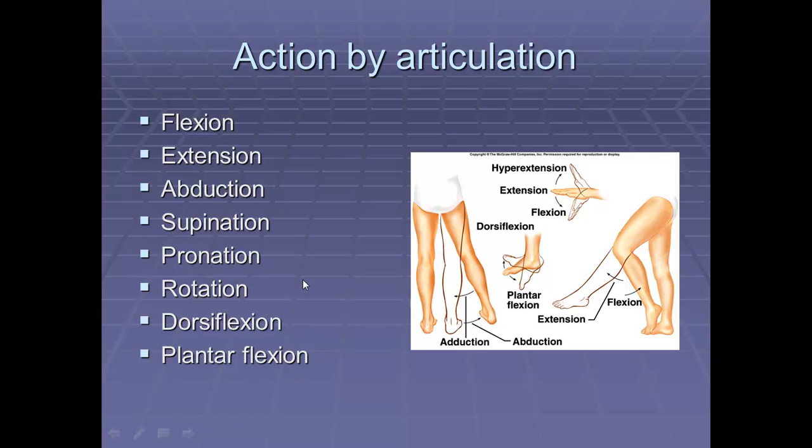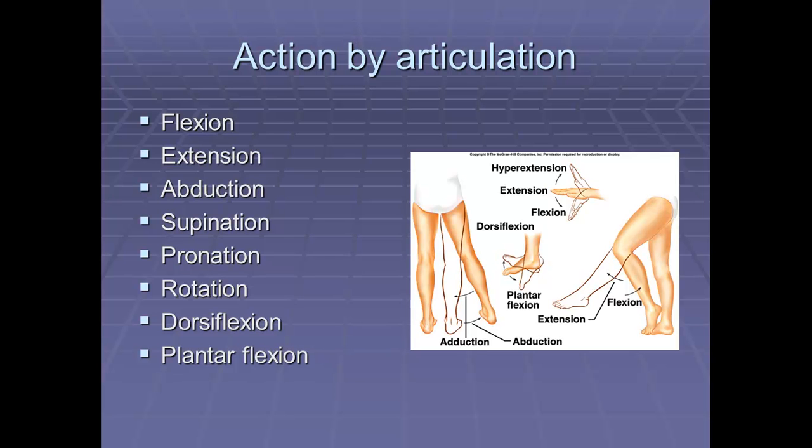Now, once we think about hinge joints, we have to say to ourselves, where in our body are we hinged? Where do we allow for flexion and extension? And is that only at a hinge joint, or can we also flex and extend at a ball and socket joint?